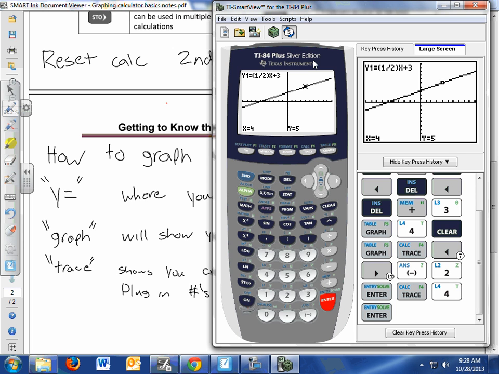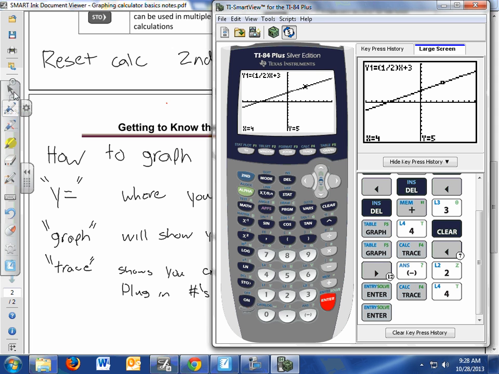No. So we are graphing this, so we don't want 7.2 here. We want this equation, 1/2 x plus 3. Okay. Now trace and 7.2. There you go. Cool. So that's one way to find values really quickly.